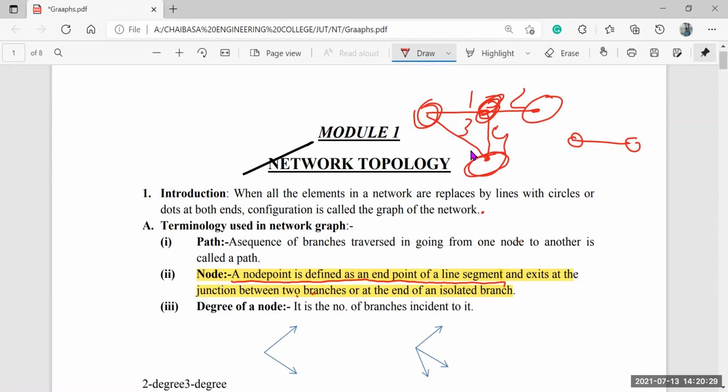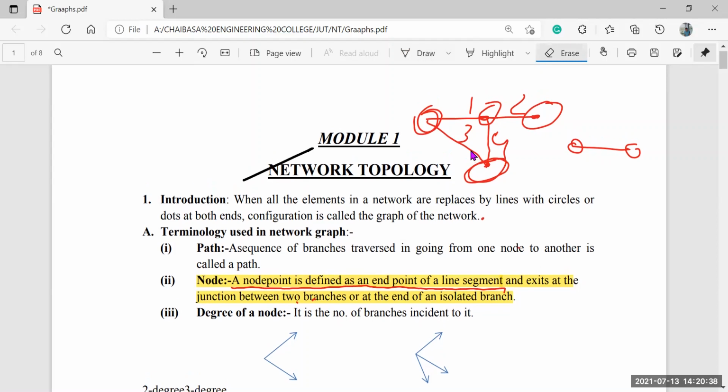Now see, this is an isolated branch. This is your isolated branch, so that comes under this.